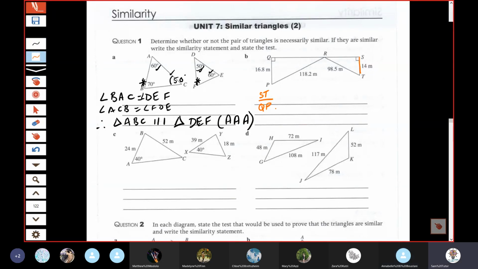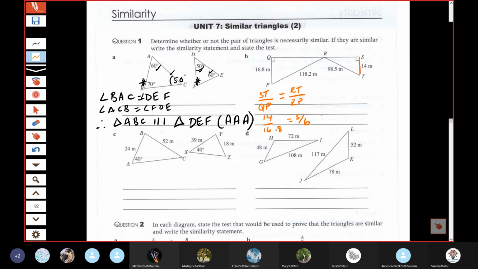We're hoping that ST on QP is the same as RT on RP. So let's see. This is 14 on 16.8, which simplifies to 5 on 6.